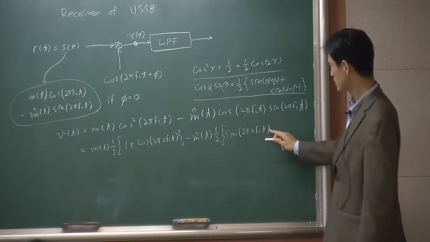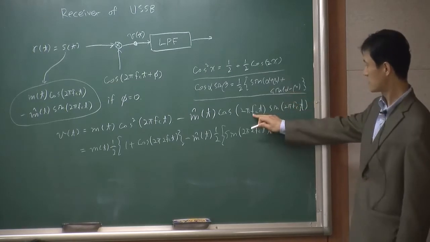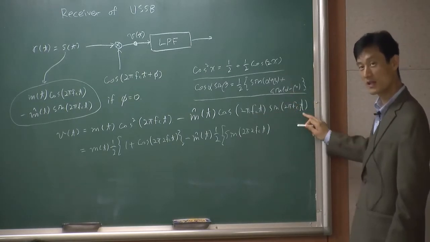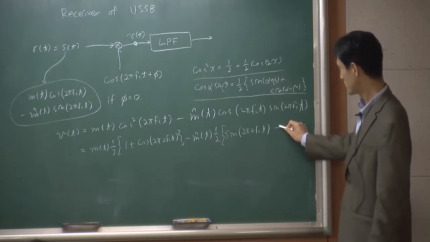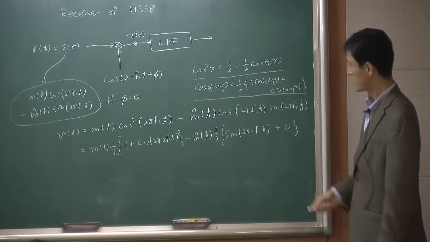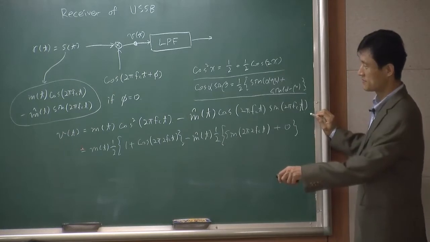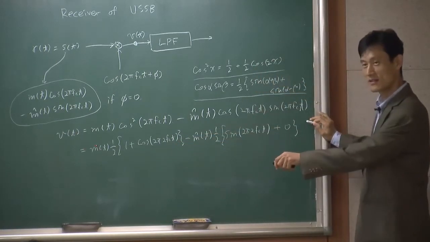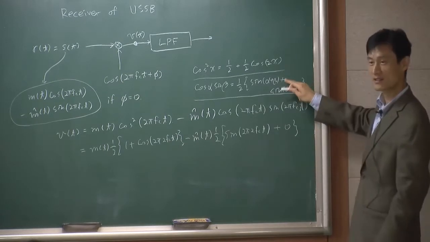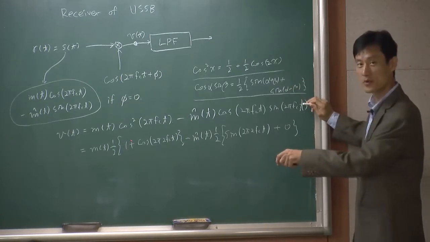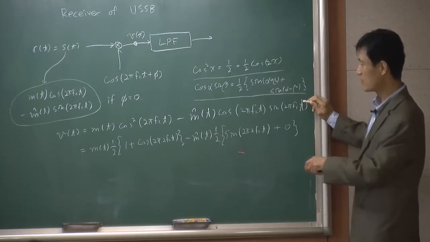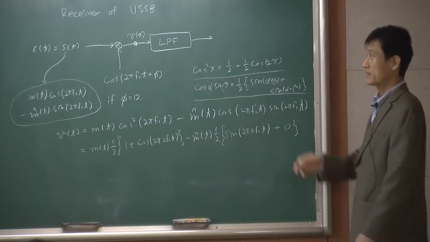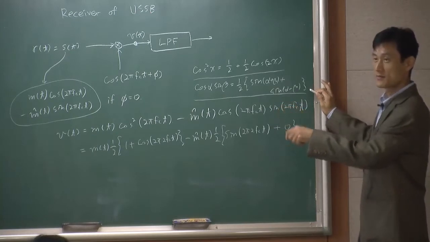So when you add these two, and minus this one, it's 0. Plus 0, that is VT. This one is actually the same as this, I just simply use an identity. So that's our VT here in case of upper sideband.